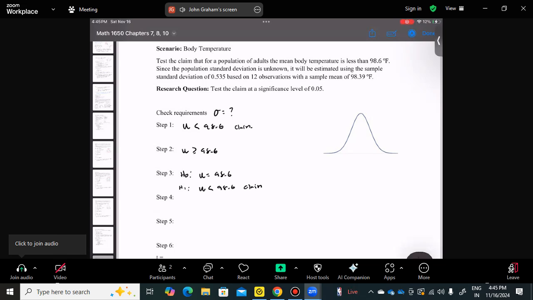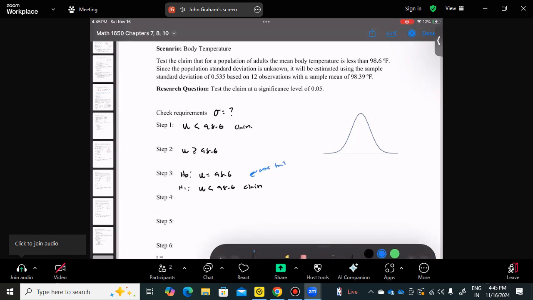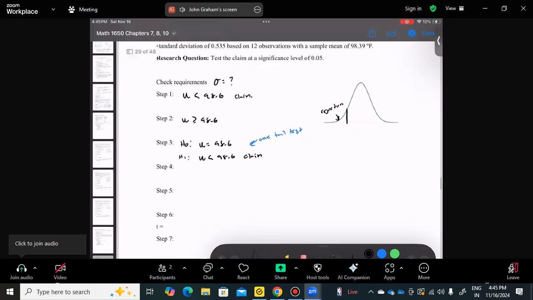Okay, so this is a one-tailed test. And we're looking for a critical value that's going to separate the lower part, which is our rejection region, from the upper part. So we're looking to find that our sample mean is too low for it to be still 98.6. Our significance level is 0.05.